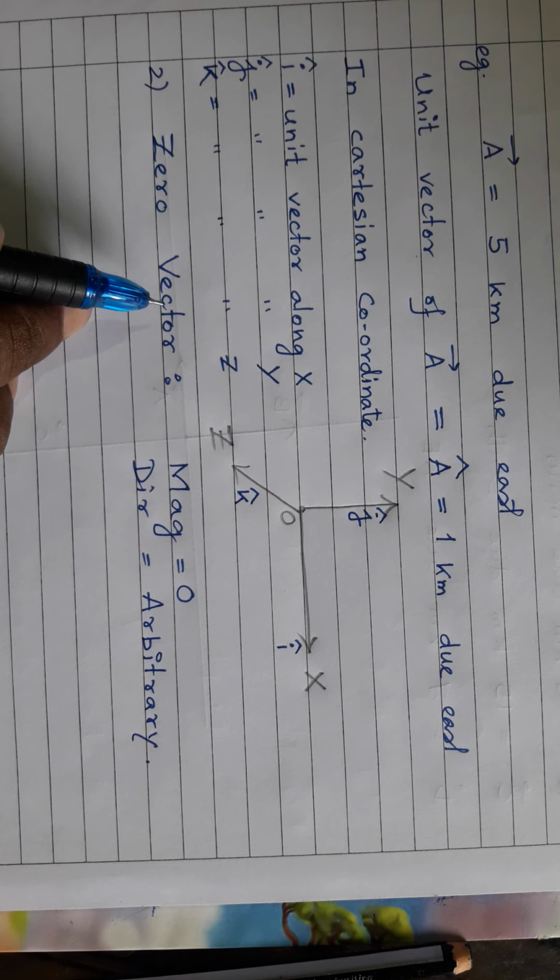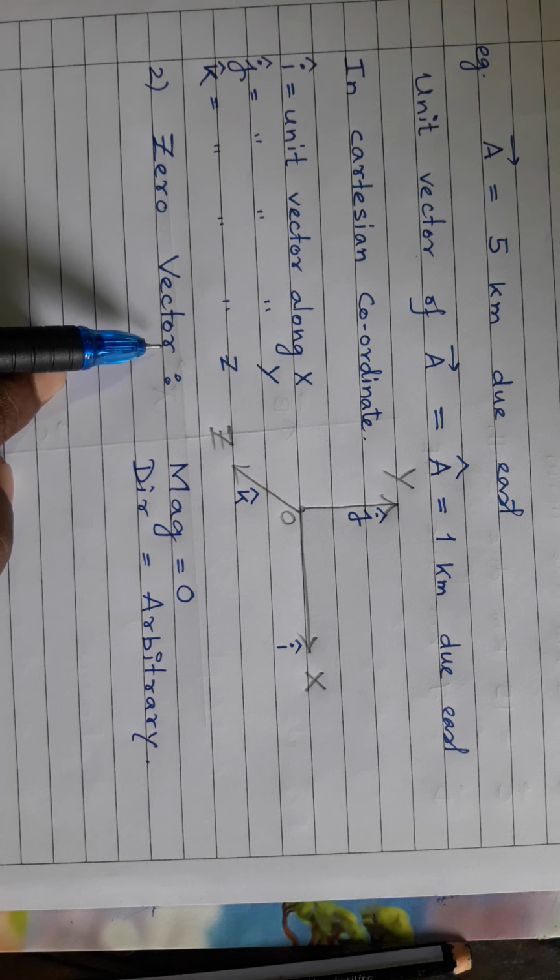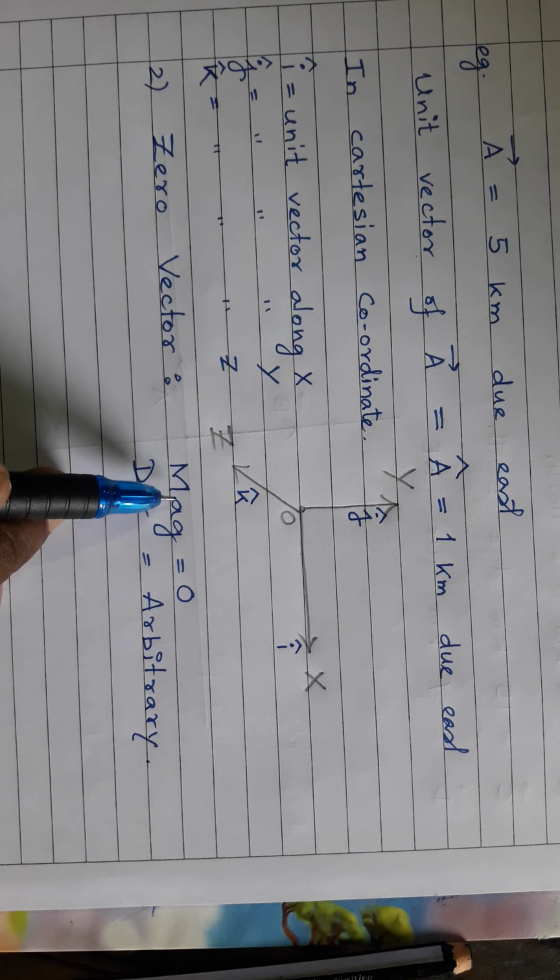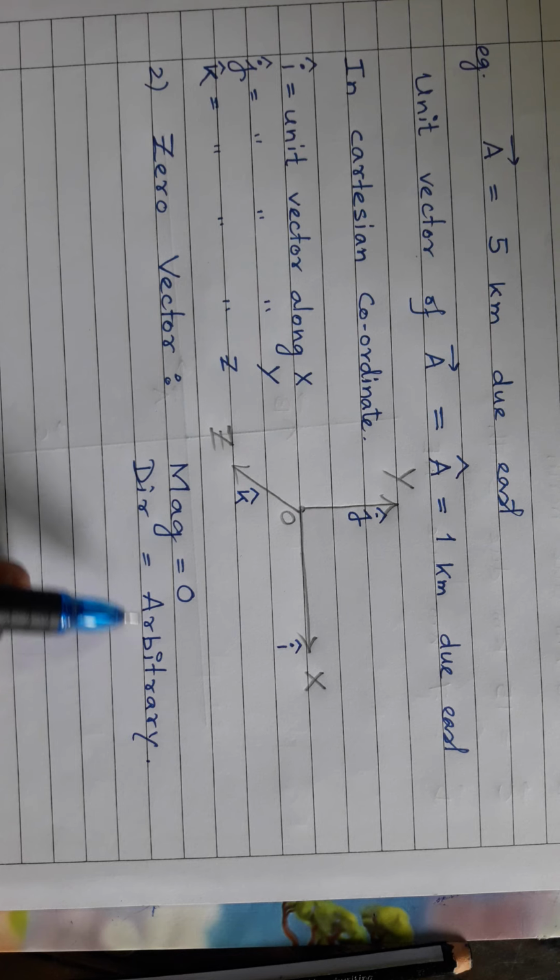Next comes zero vector. What is a zero vector? A vector whose magnitude is 0 and direction is arbitrary. Arbitrary means any direction. For example, velocity of a car at rest.